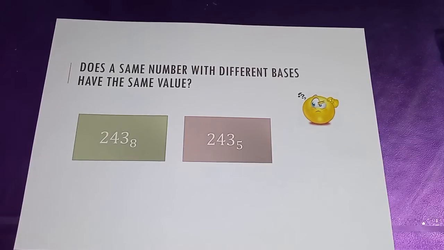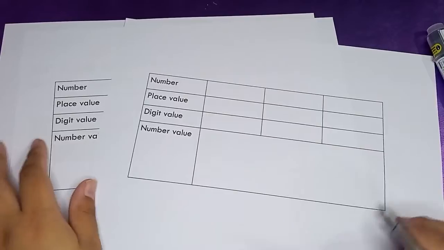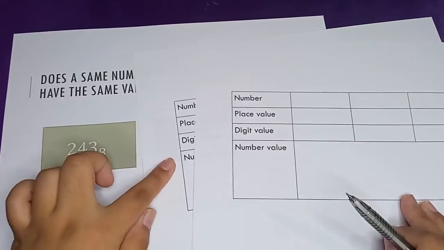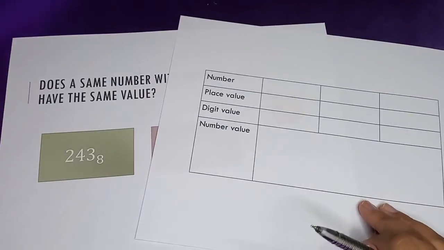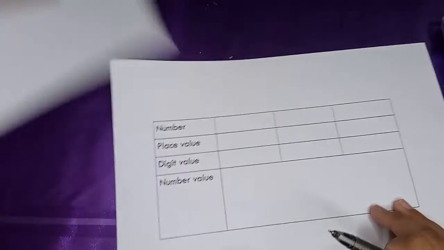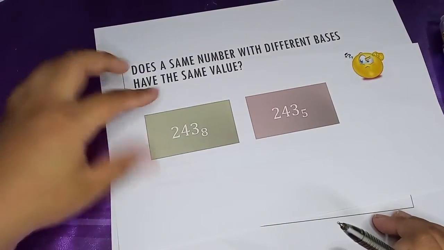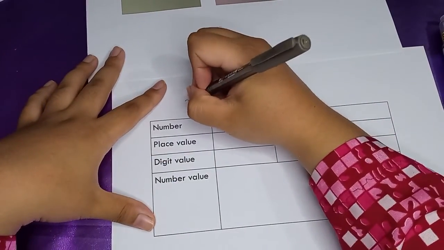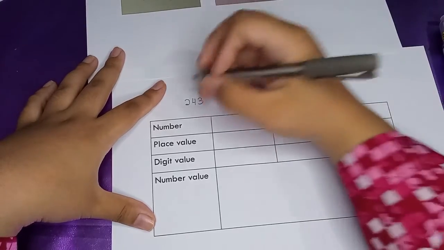I already drew tables like this, two tables: one for the first example and the second table for this one. We find the value for the first example first. You're gonna write 243 base 8.